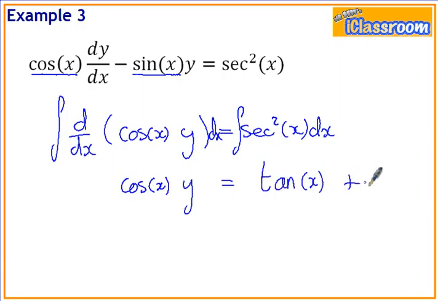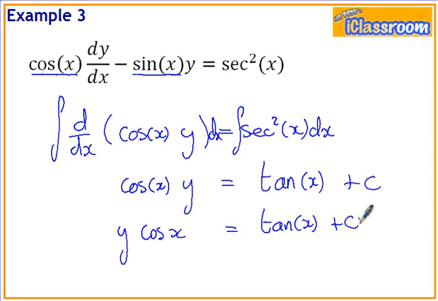Don't forget that constant of integration, plus c. Now I'm going to choose to just rewrite my left hand side as y times cosine of x, and the reason for that is because I don't want there to be any confusion with me multiplying x by y and then finding cosine or what have you. So I like to keep my functions nice and separate. And that's it.